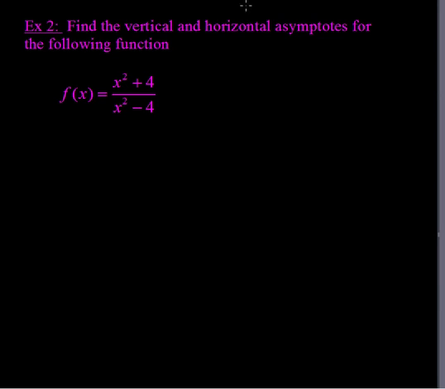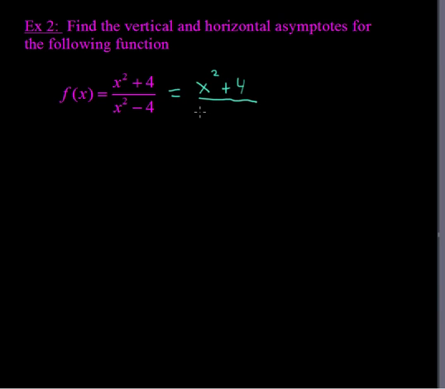All right, so in the next example, we're asked to find the vertical and horizontal asymptotes for a function. Here's how we would do that. First of all, to find the vertical asymptotes, we need to write this in factored form. Of course the top doesn't factor because that's a sum of 2 squares.